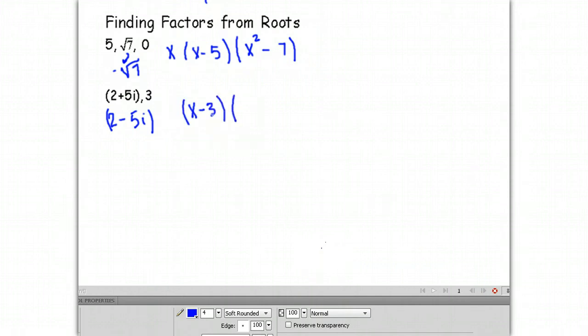And then we have our imaginary roots here. So this is going to be x minus, and then we're going to go 2 plus 5i. And then we also have x minus, and I have to put this in parentheses here, 2 minus 5i.